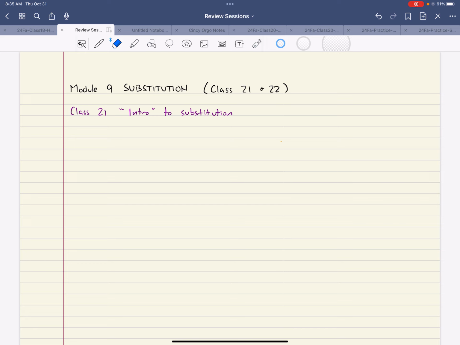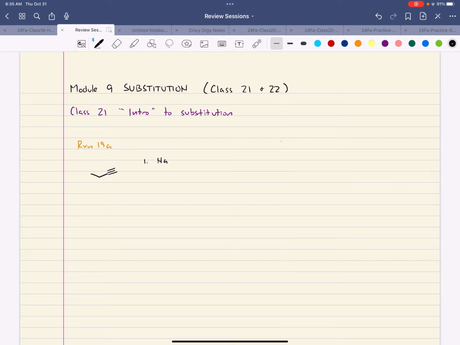We called it alkylation. Let me give you a reminder. This is actually reaction 19A. You start out with a terminal alkyne. You add a base.